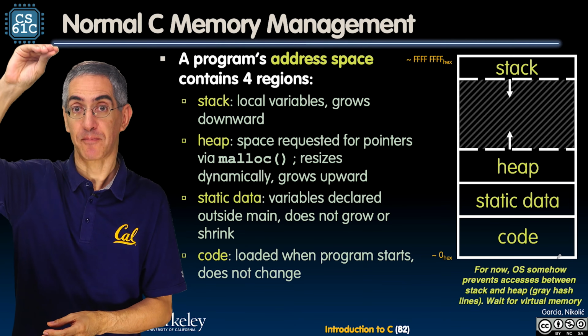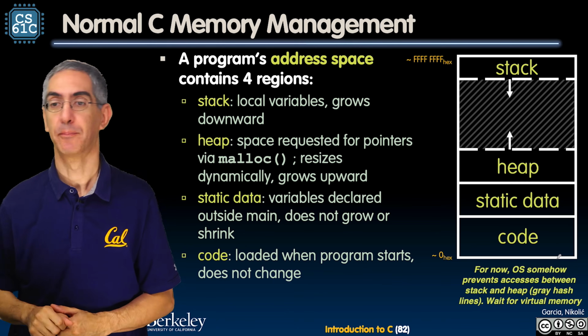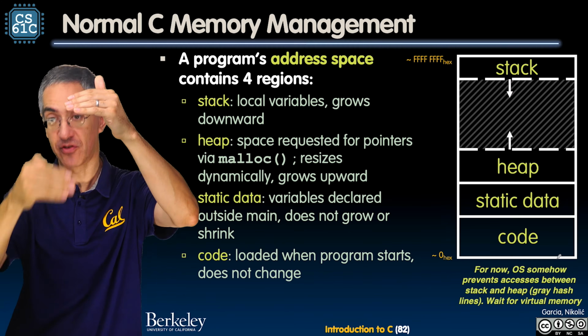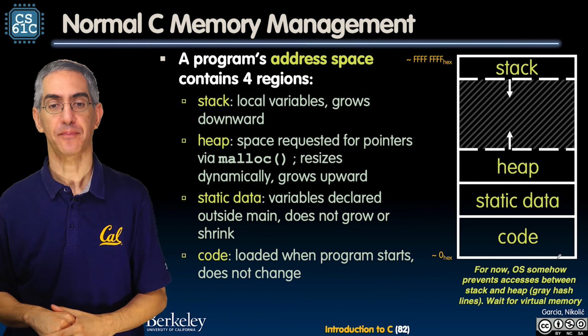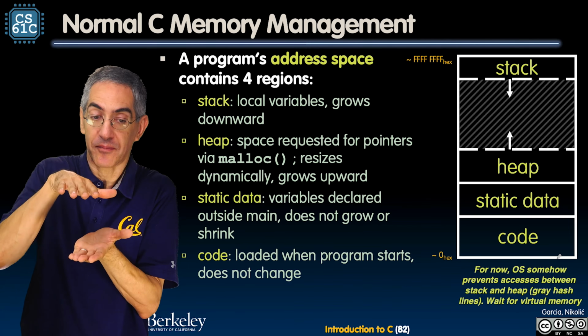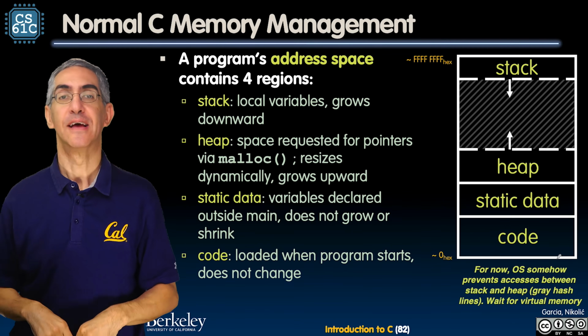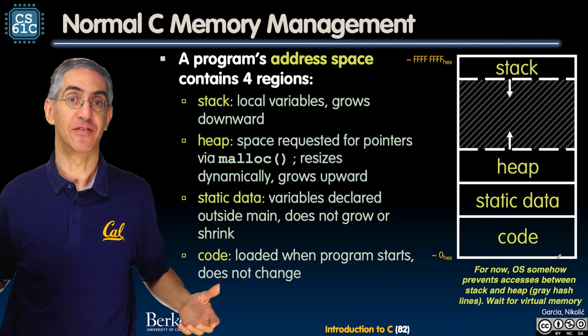Stack starts at the top and grows down. So as you have more things, as you increase the stack, it's going to go down towards 0. The heap grows up towards this middle space. Static data is locked in. You know what the size of it is. It's locked in.